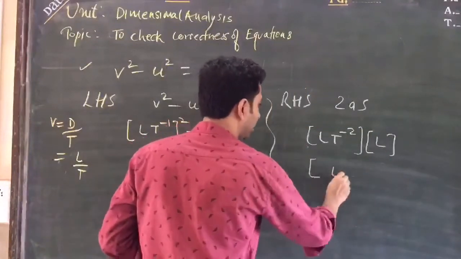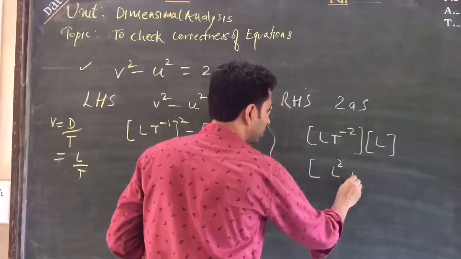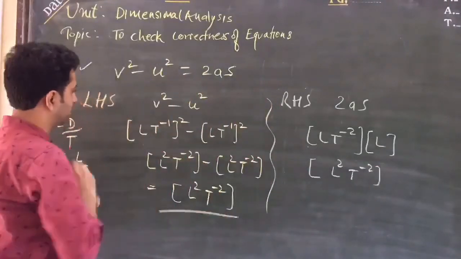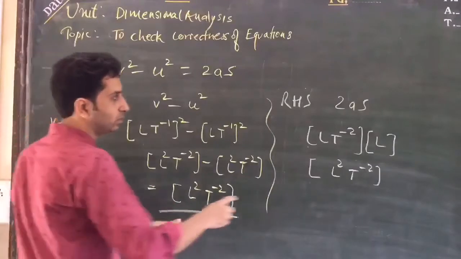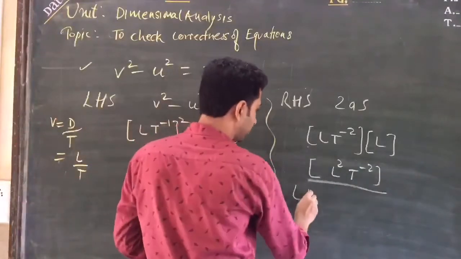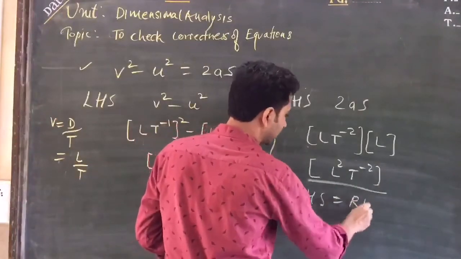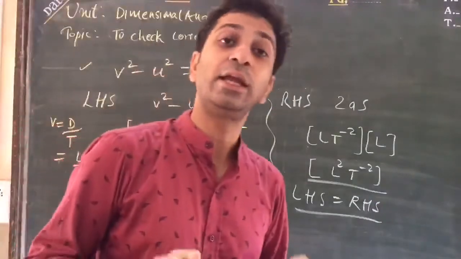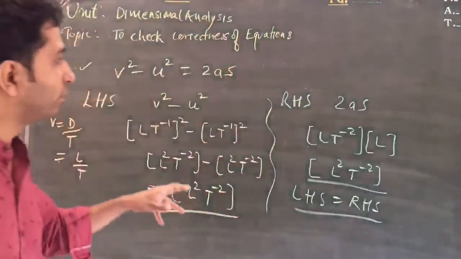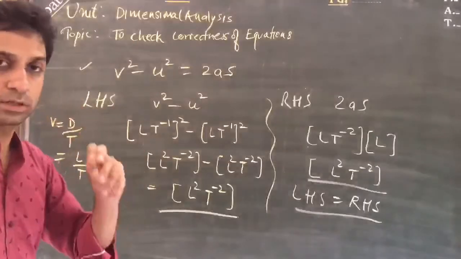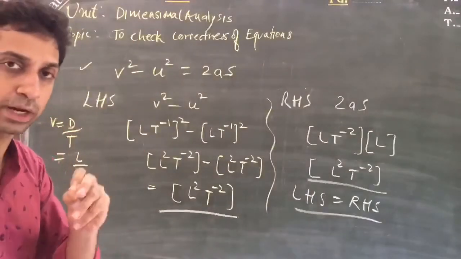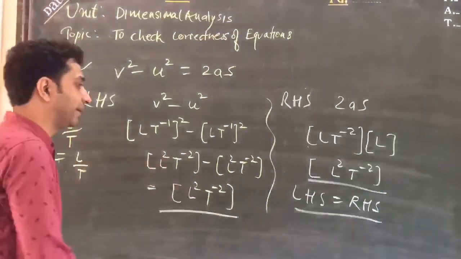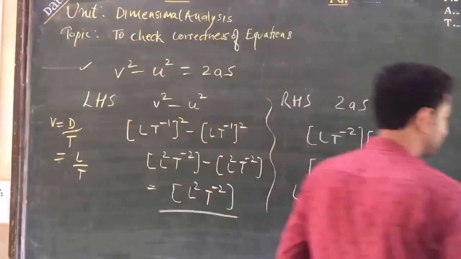Combining L and L, we get L2 T minus 2. This is the left side, and this is the right side. So left hand side equals right hand side, and we can say the equation is dimensionally correct. Very simple questions. You only need to practice hard on how to write the dimensional formulas. That is the main purpose. So this is one example of how to check the correctness of an equation.